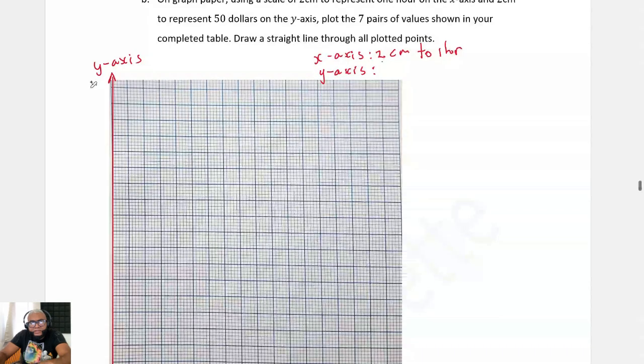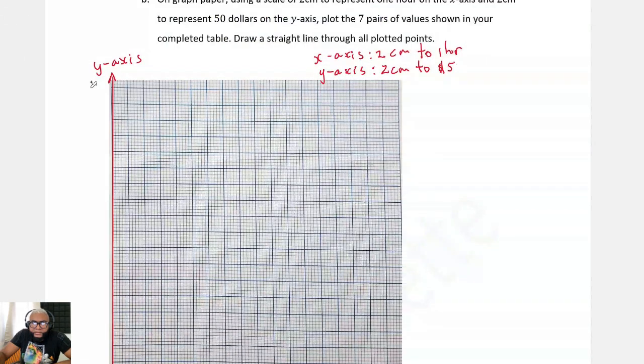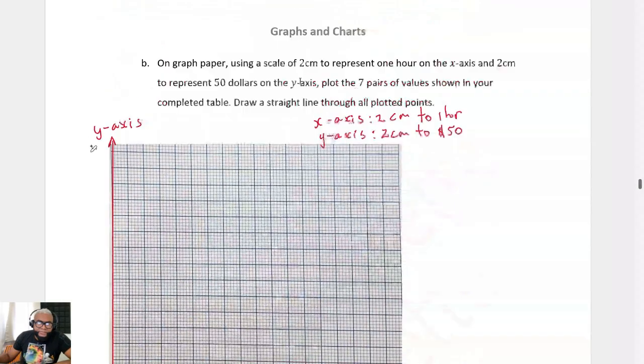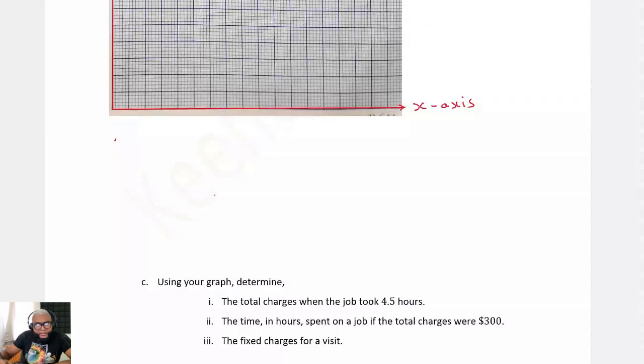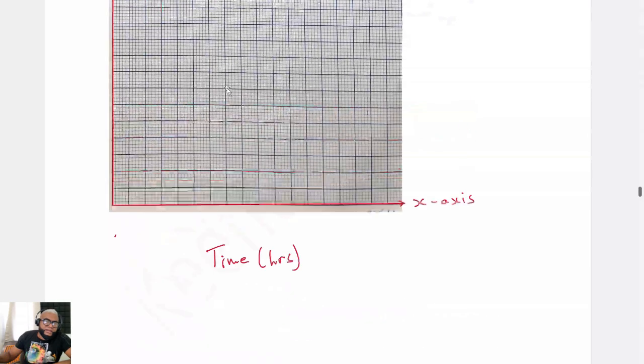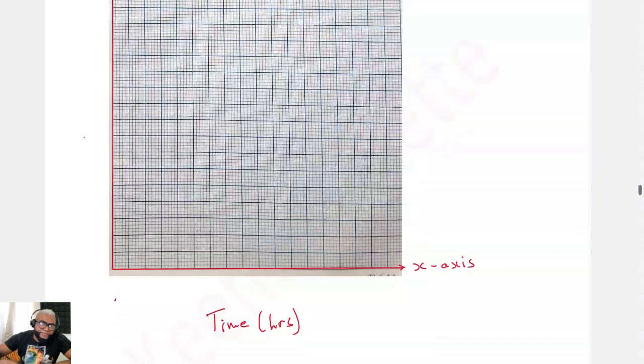The y-axis would be 2 centimeters to $50. Right. So the x-axis is what, time in hours, right? So this is time, hours, and the y-axis is what, charge in dollars, total charge, right? Total charge.